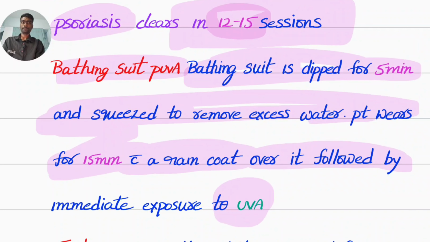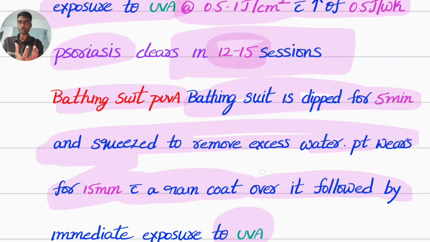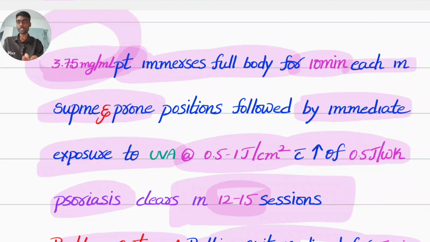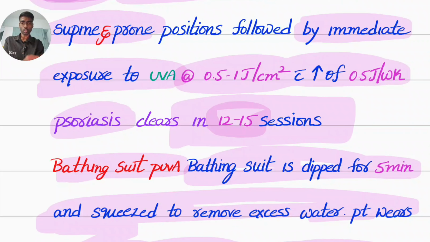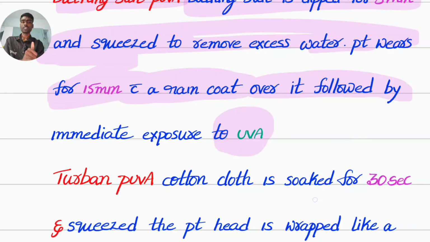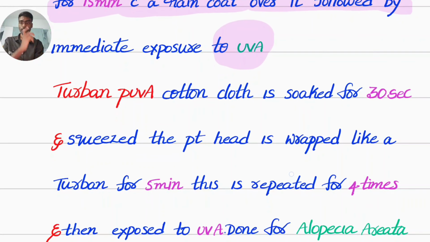In the tub, whatever amount of methoxypsoralen and water we mix to achieve a concentration of 3.75 mg per ml, at this concentration only we immerse the suit, and then the patient wears it and then a raincoat over it for 15 minutes, then exposure to UVA light.